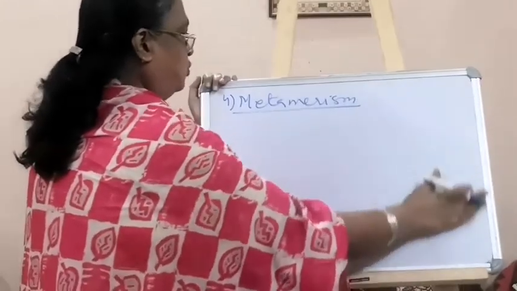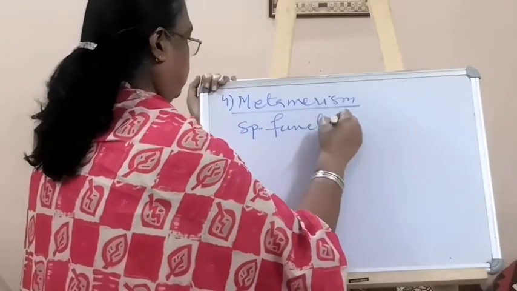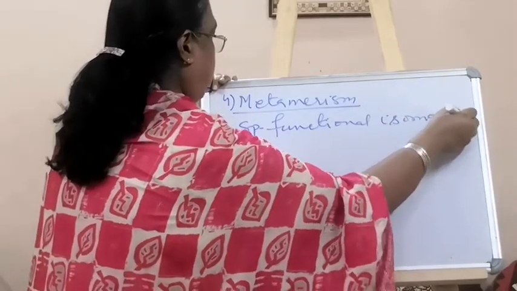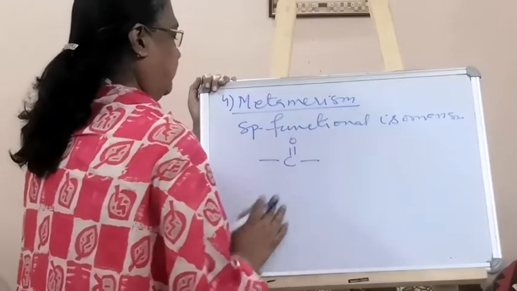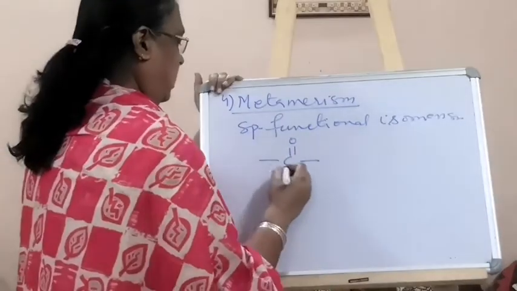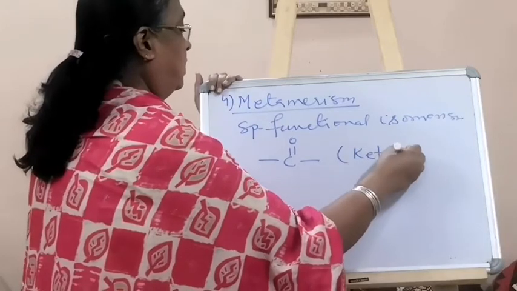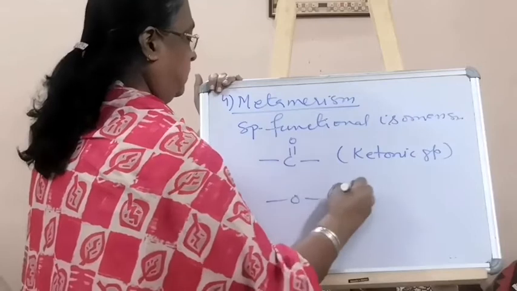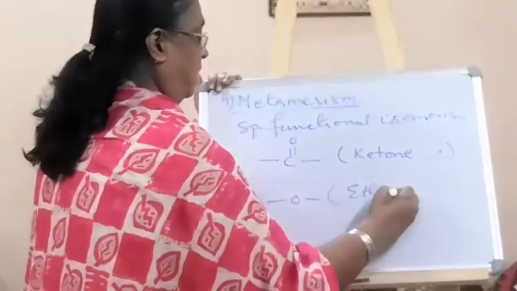In this case, only a functional group that cannot be at the terminal, always in the middle, is considered. Like only 2 examples in your course: the ketonic group, not aldehyde, and the ethereal group. So ketone and ether.